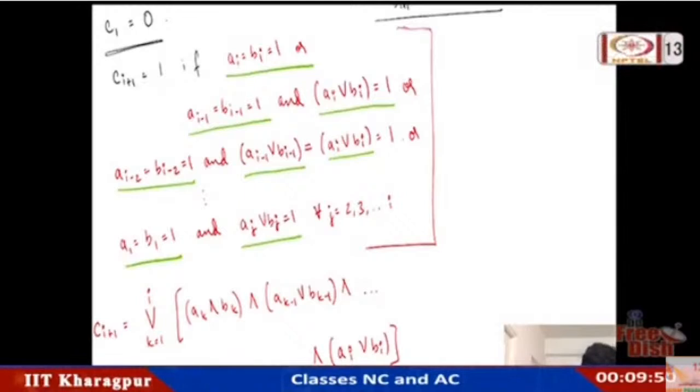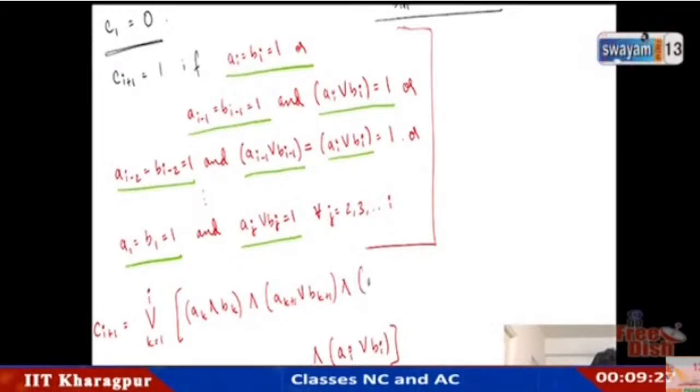I think there is a small mistake here. It should actually be k plus 1, I think. Right, so A1 and B1 are both 1, and then A2 and B2, at least one of them has to be 1, and then followed by A3 and B3, at least one of them has to be 1.